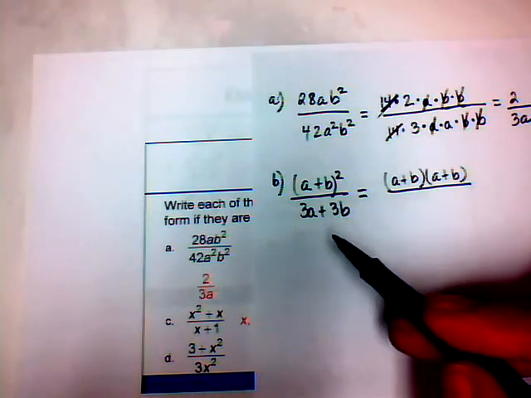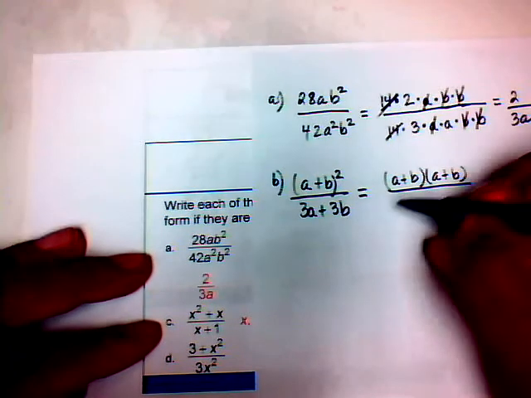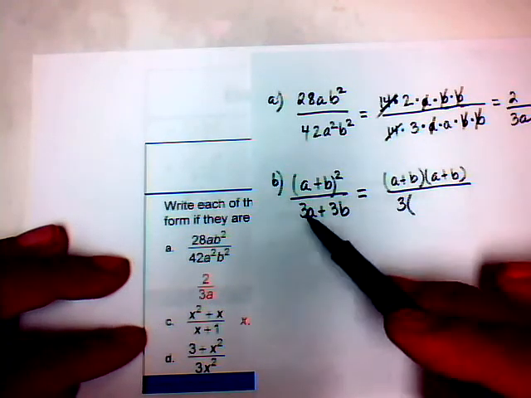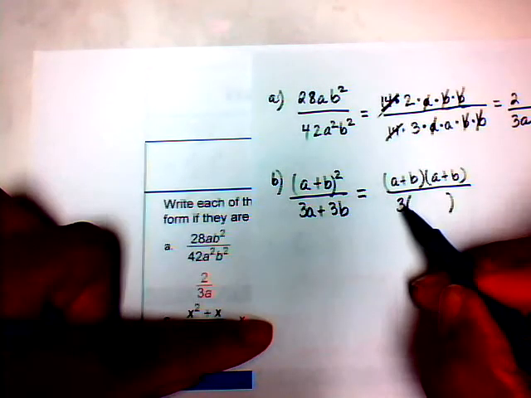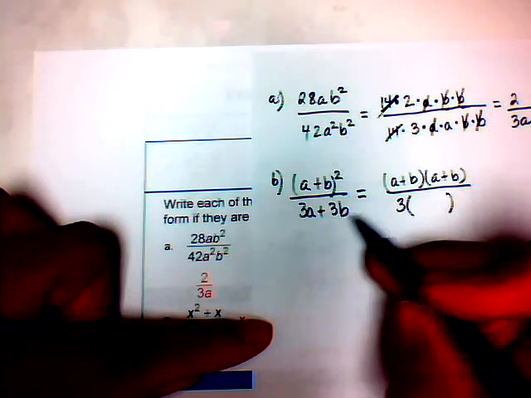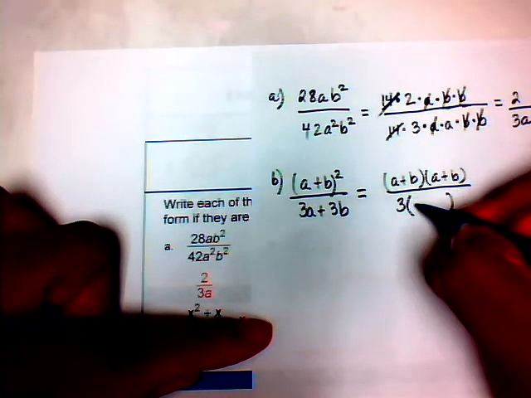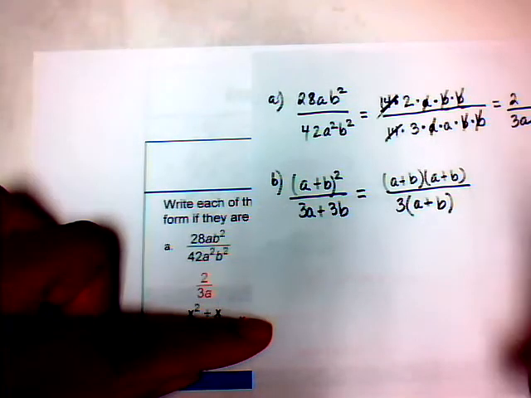In 3a plus 3b, there is a common factor in 3a and 3b, and that's going to be the 3. So I'm going to pull the 3 on the outside, and then I'm going to divide 3 into these two terms to get what's on the inside. So 3a divided by 3 is a, plus 3b divided by 3 is b.